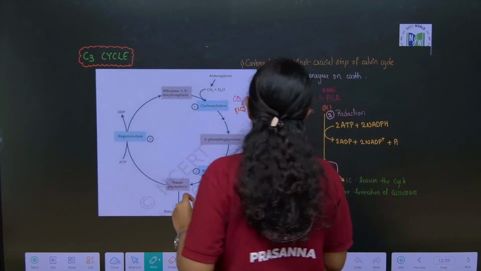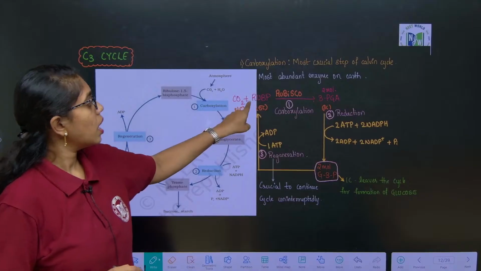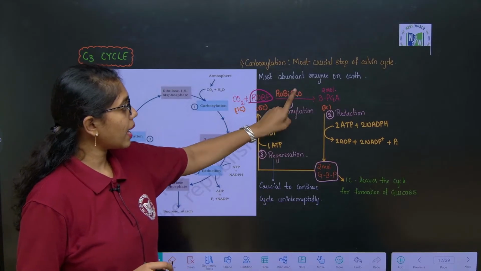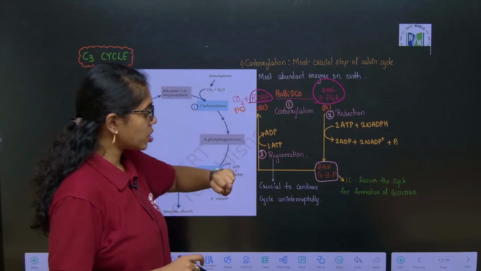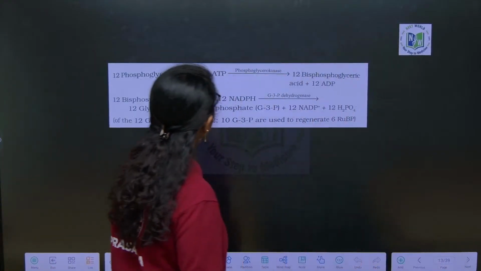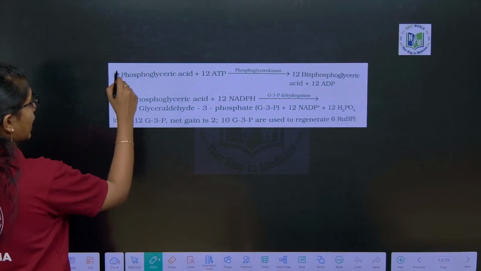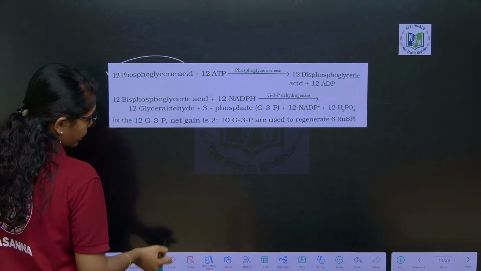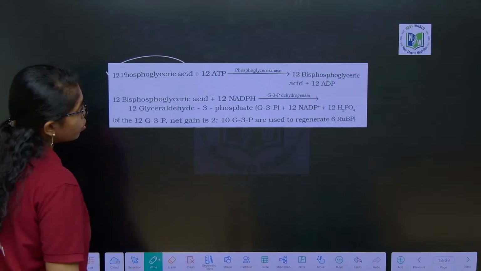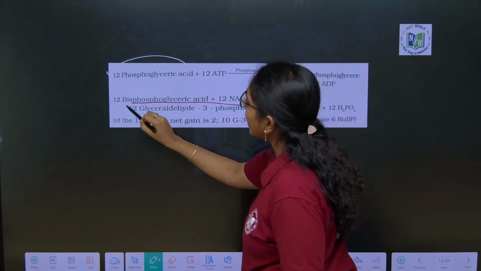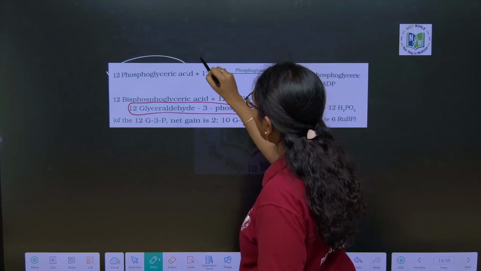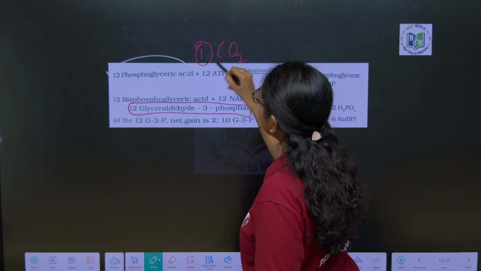And here, in the C3 cycle we have discussed the primary carbon dioxide acceptor enzyme, where it forms two molecules of phosphoglyceric acid, and these two molecules of phosphoglyceric acid are reduced to two molecules of glyceraldehyde 3-phosphate. This I am talking about for 1 carbon dioxide fixation.